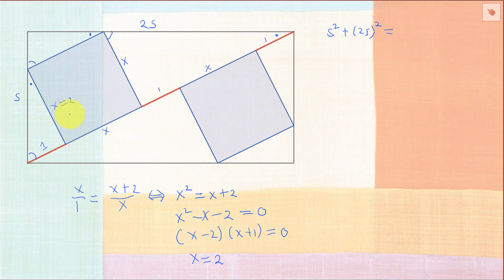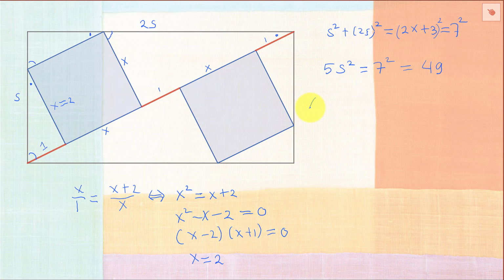So 2x plus 3 is 7. Therefore, 5s squared is equal to 7 squared, which is 49.